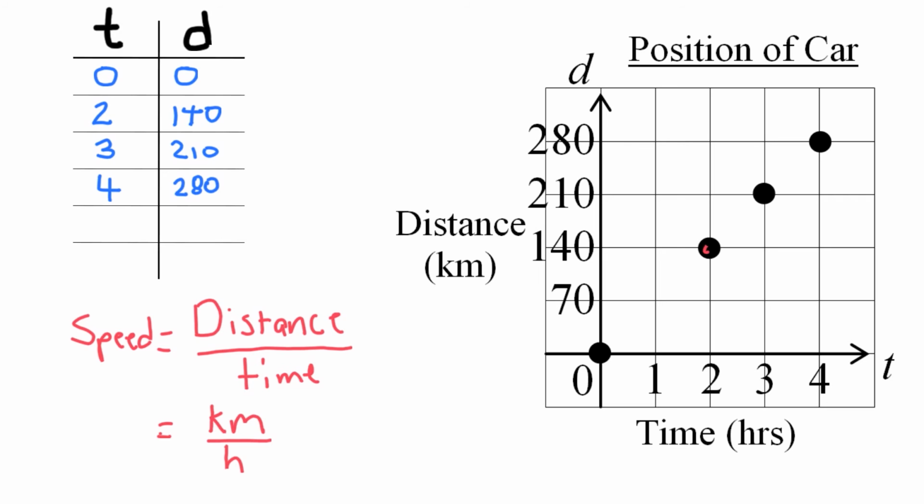So I'm going to look at this point right here. Now we said speed is distance over time. At that point, what would the distance of the car have been? To find that, you start at this point and go to the y-axis, the d-axis. And the distance would be 140 kilometers.